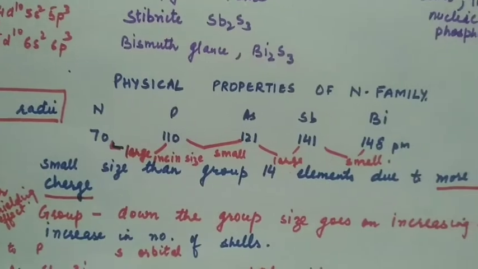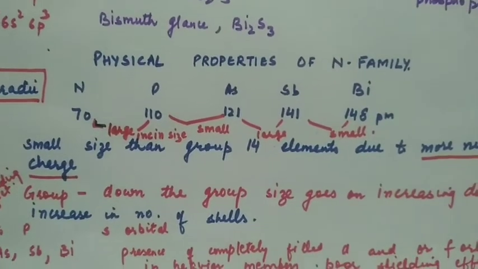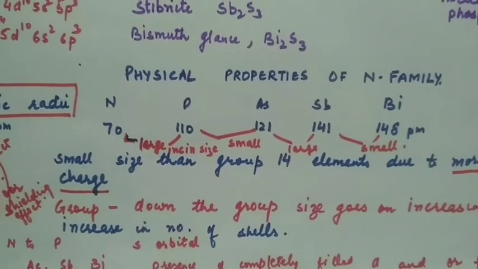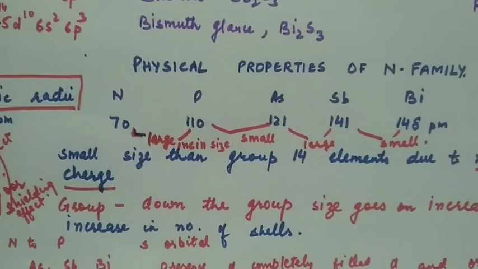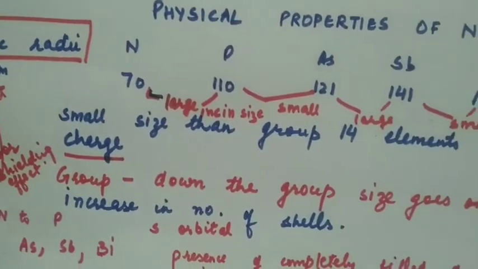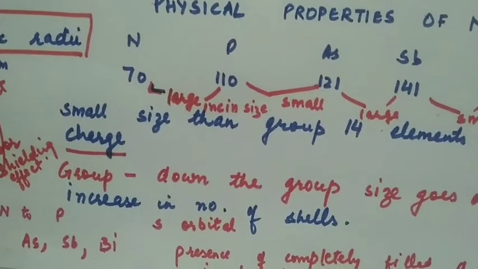So down the group, the size goes on increasing due to increase in the number of shells and increase in screening effect.